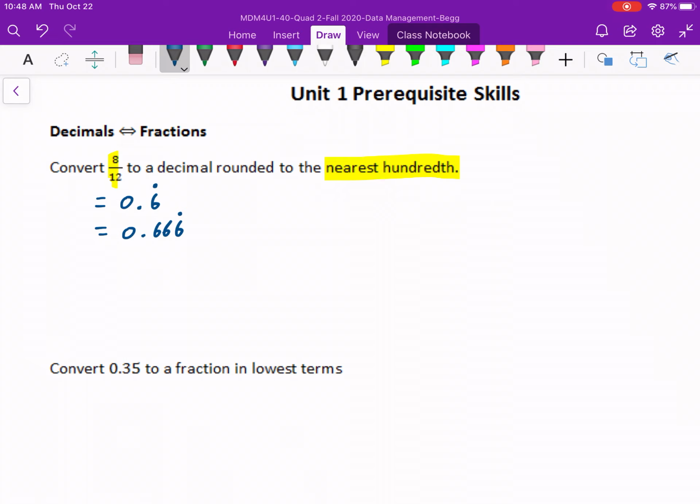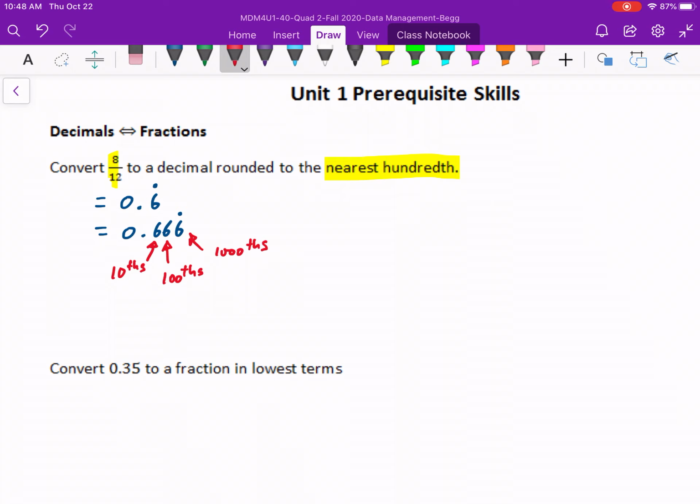Remember, when we're rounding, if I want to round to the nearest hundredth, that's 2 decimal places. Actually, let's review this for a second. This is the tenths. This is the hundredths. This is thousandths. And if we just keep adding zeros, the next one would be 10,000ths and so on.